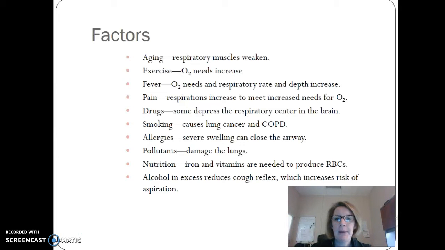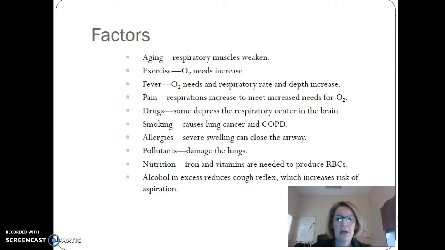We talked about back in the preventing infection chapter how fever increases the need for oxygen, and therefore the respiratory rate goes up. With pain, respirations increase in order to meet the needs for oxygen. Drugs, as I said previously, depress the respiratory center in the brain. Smoking, we know, causes lung cancer and also causes chronic obstructive pulmonary disease.